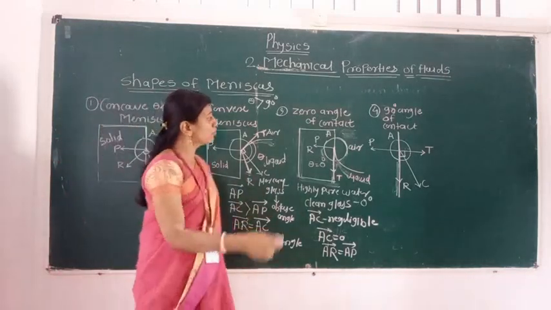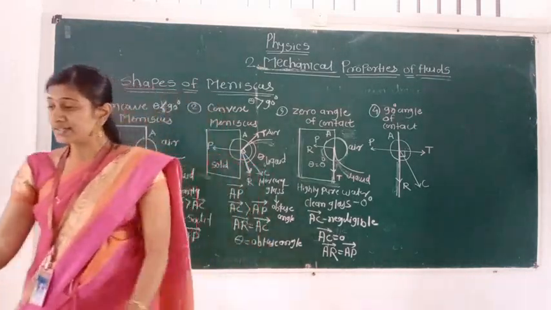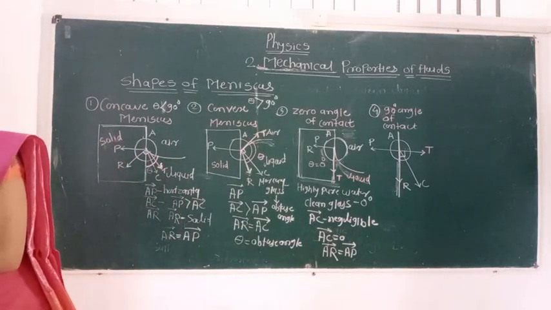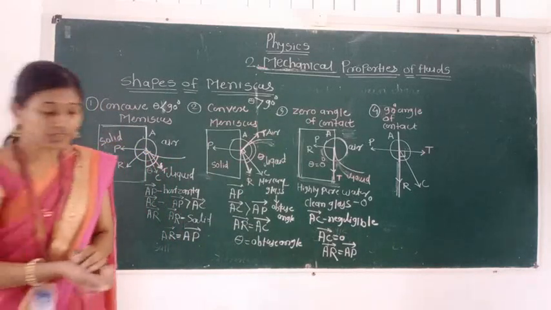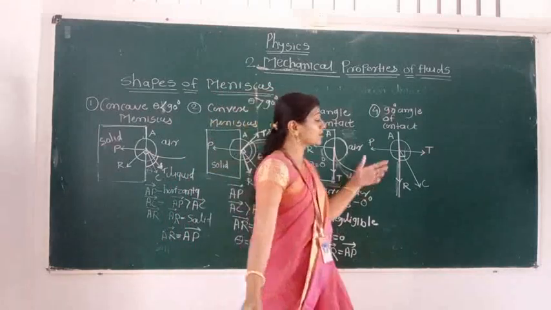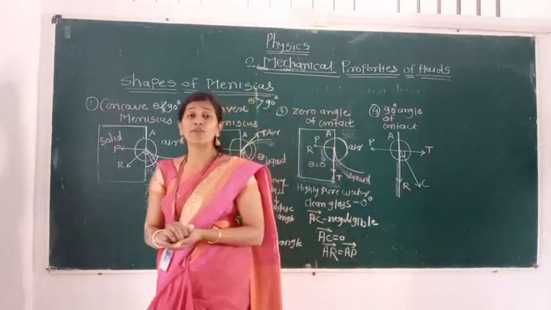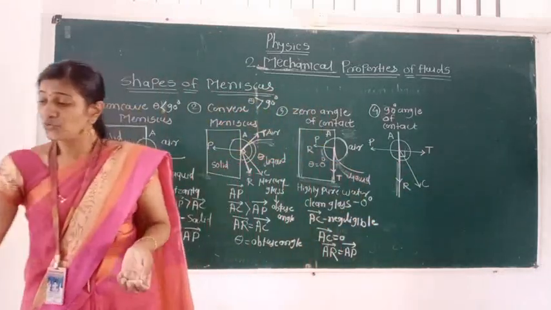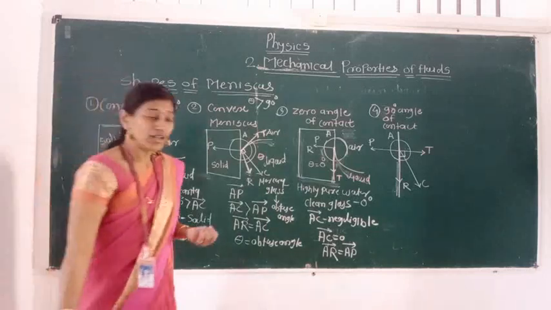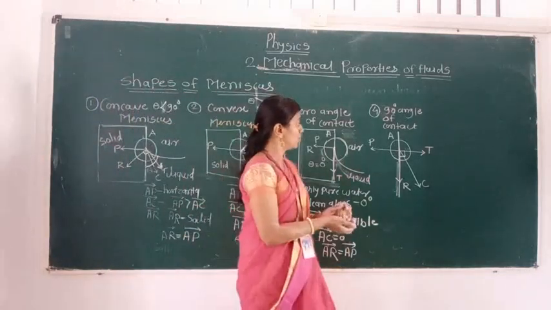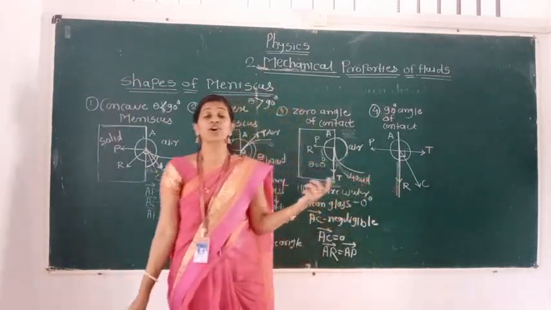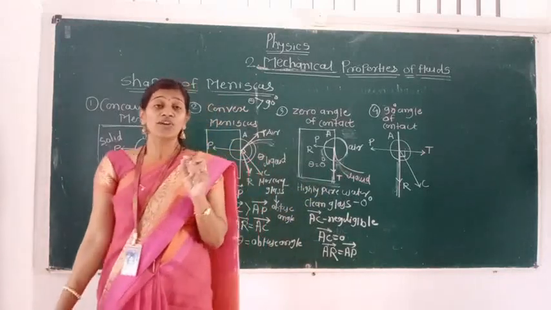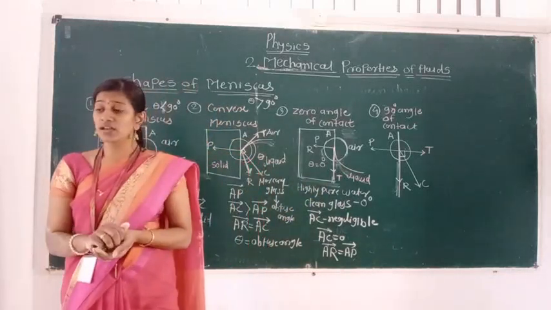Now let me move toward the fourth one. It is the 90 degree angle of contact. Here consider a hypothetical solid having an angle of contact of 90 degree with a given liquid.